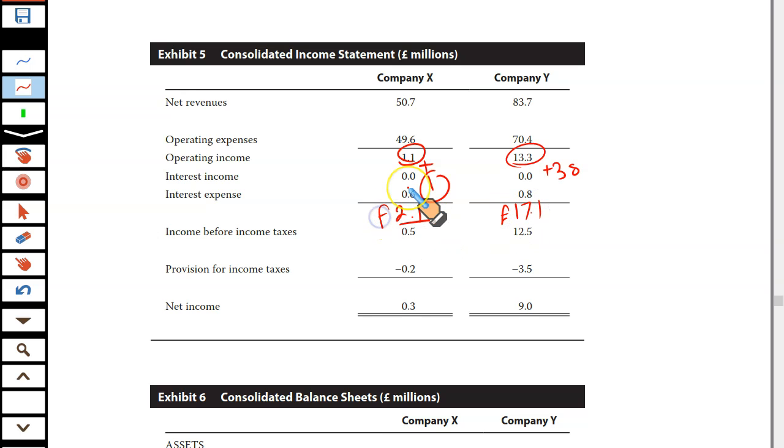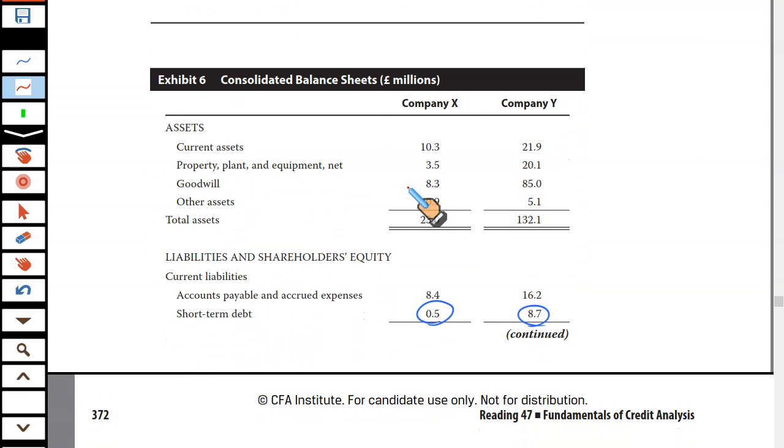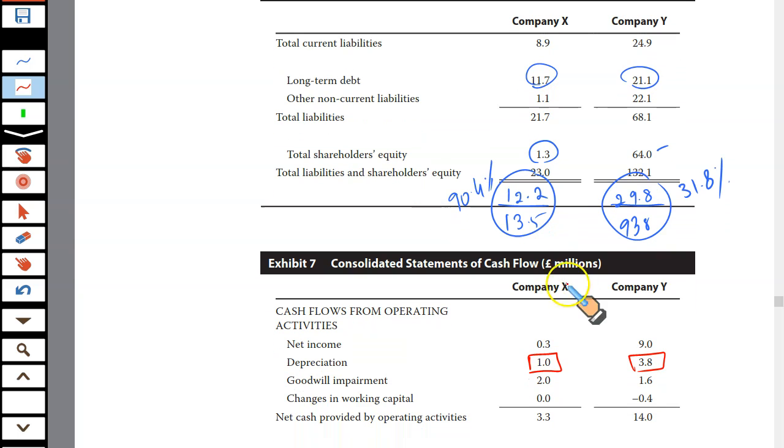Alright, now we already have the numbers for debt: 12.2 for X and 29.8 for Y. We need to divide the debt numbers by the EBITDA that we just calculated a little while ago.